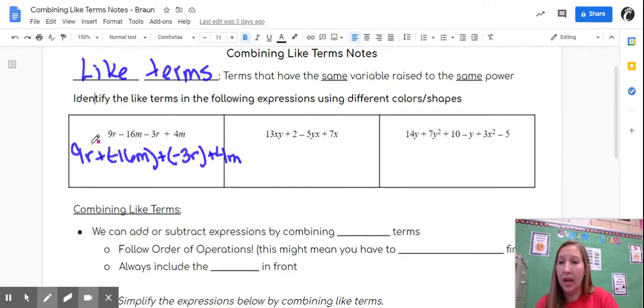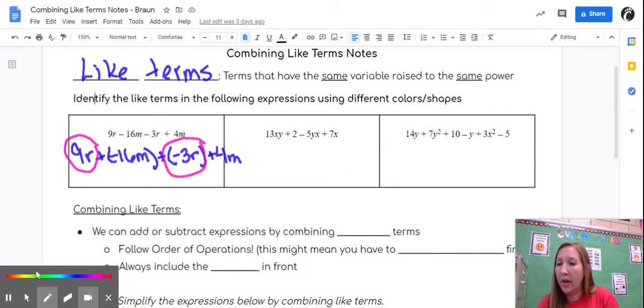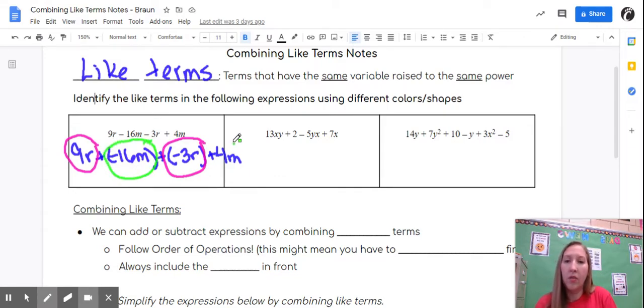Since I have 9r, I have the same variable here as I have here with my negative 3r. So I'm going to circle those. So 9r and negative 3r are like terms. Now I also have negative 16m and 4m. Those are also like terms.